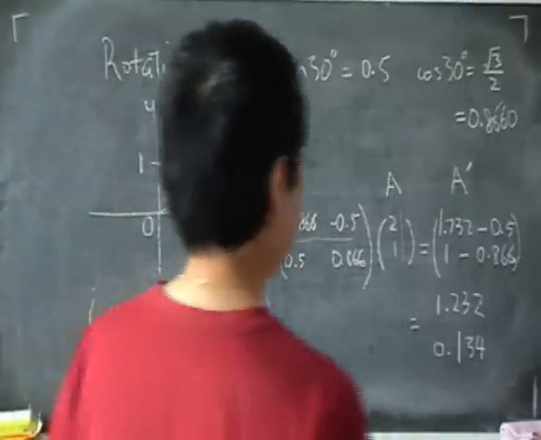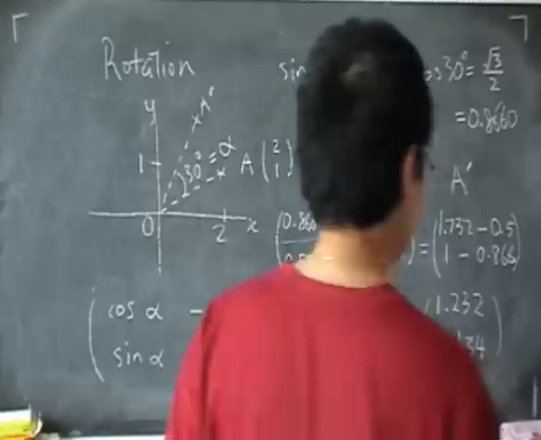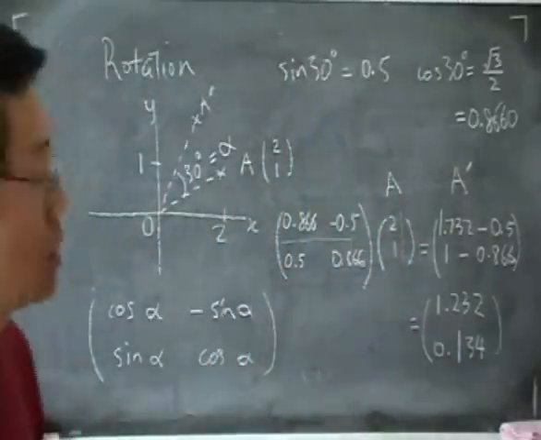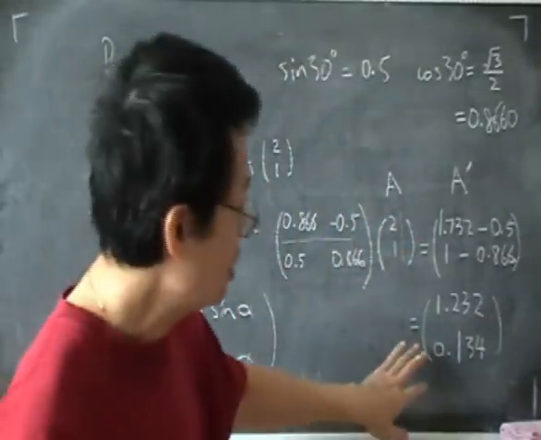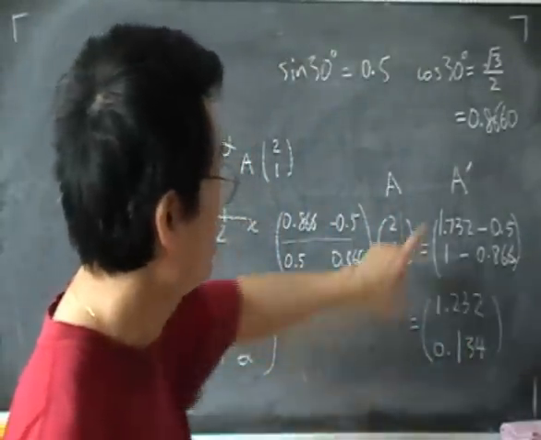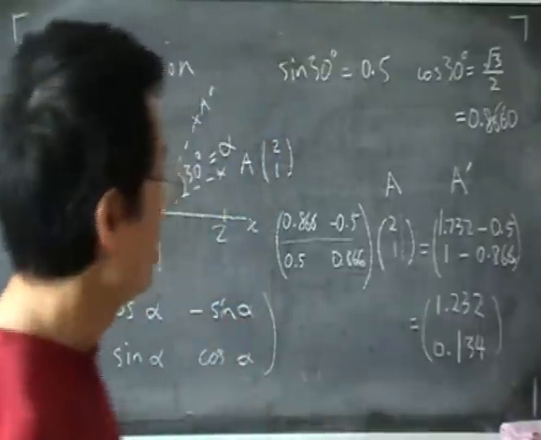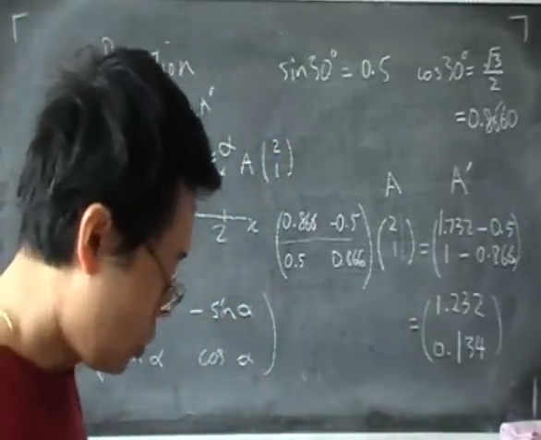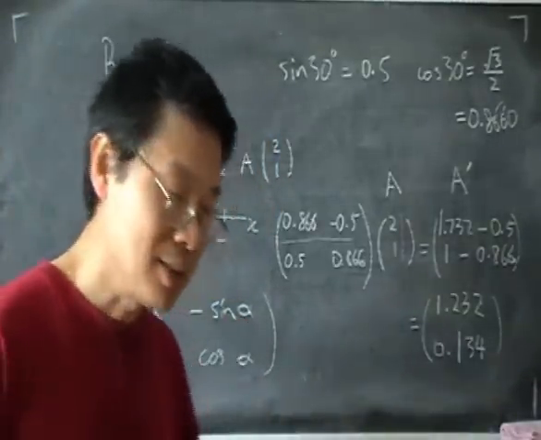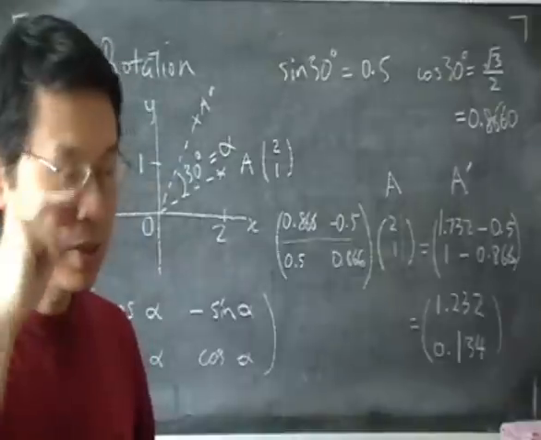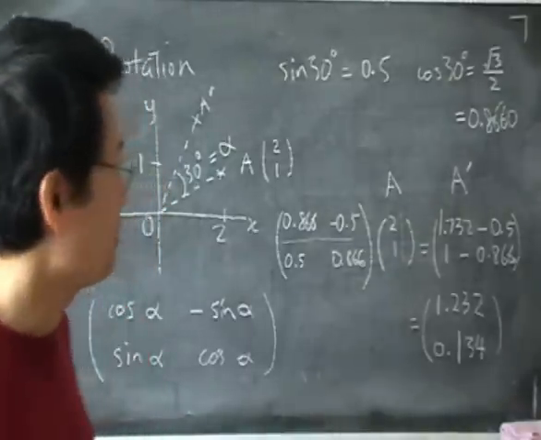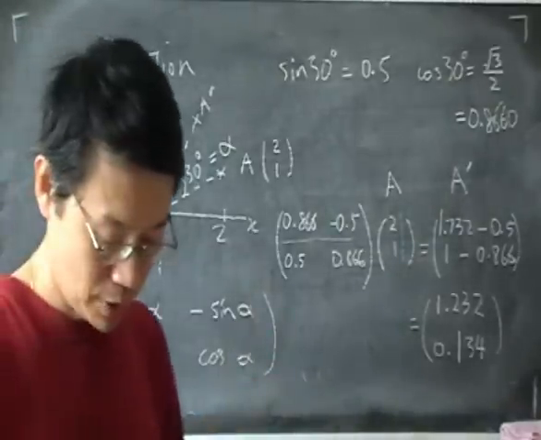That's right. So that finally is the position of the image A prime. So it's obviously more complicated than the earlier examples on reflection. That's how we find it.